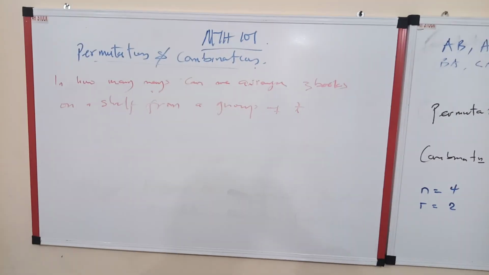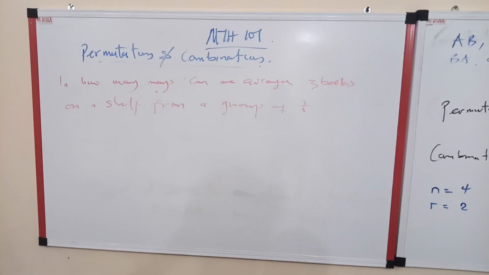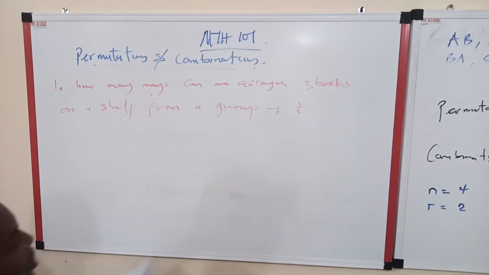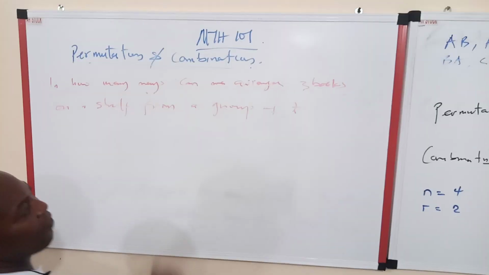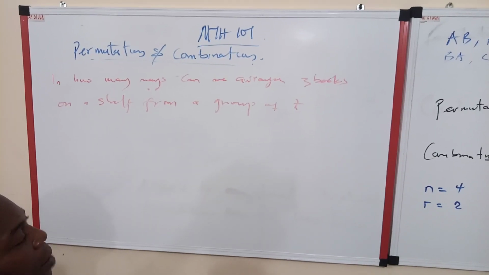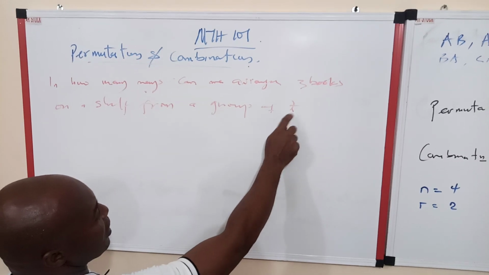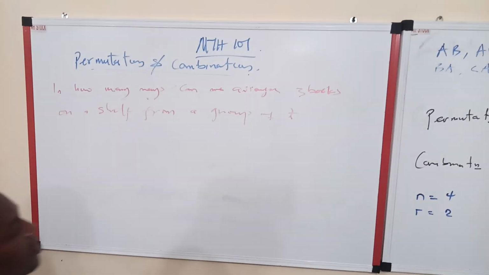From here, the key word in play is arrangement, so you know that we're talking about permutation straight away. The number of items is 7, while the number of items to be arranged is 3.